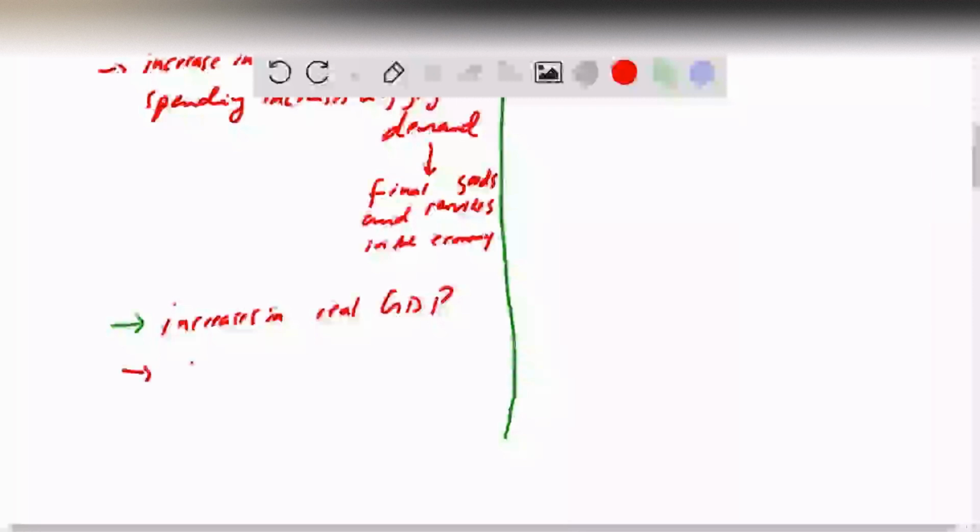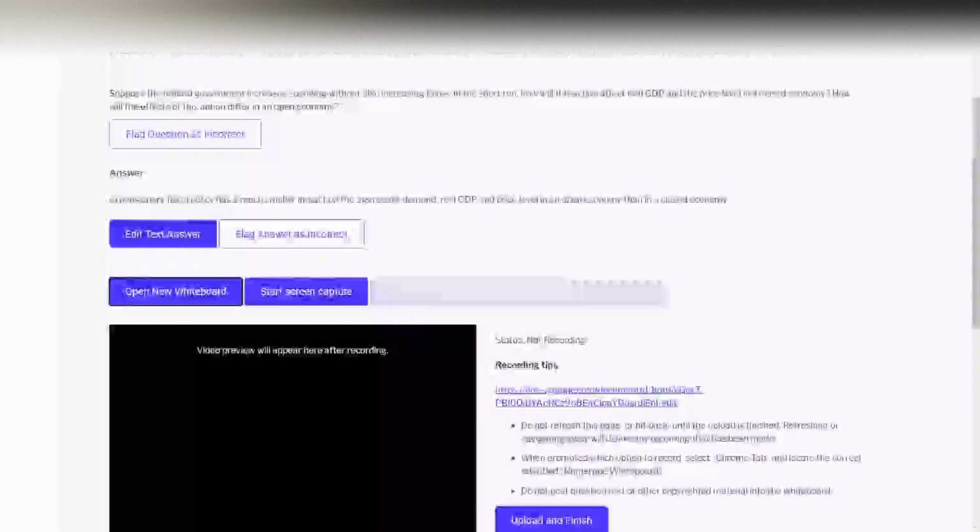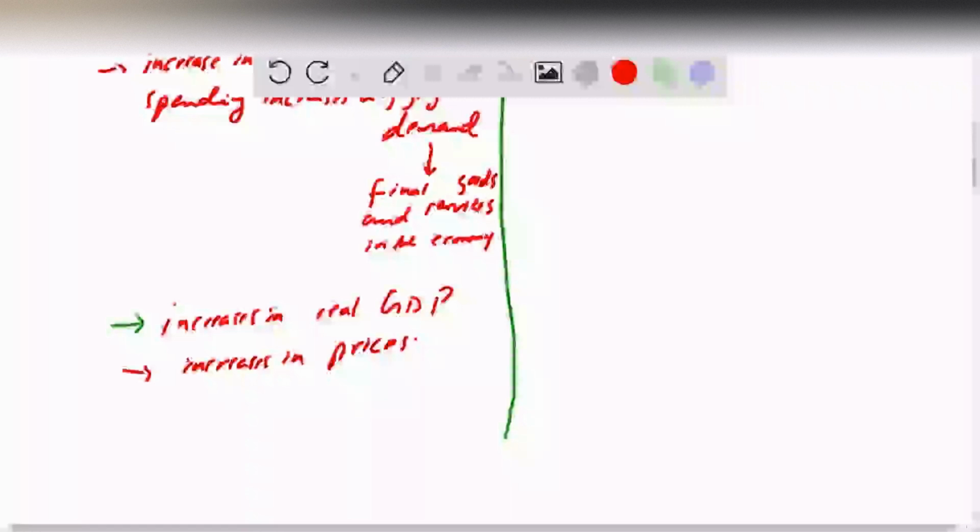And also you're going to have increases in prices, or the price level.